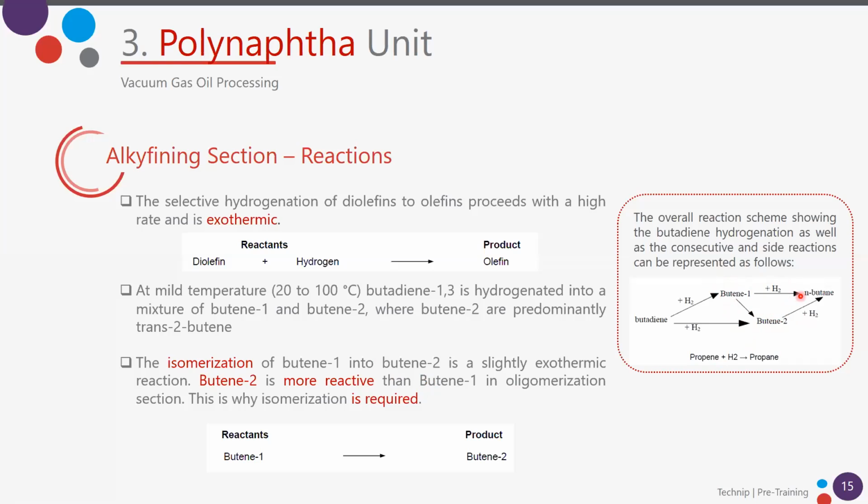But here you will have the not desired reactions, because if you keep hydrogenating this butene 1 and butene 2, you have n-butane. And this butane is not good in our unit, because we need olefins for the oligomerization reaction. And remember that all these paraffins have very low octane number. So that is not good for our gasoline. So we have to avoid this hydrogenation of this butene 1 and butene 2.